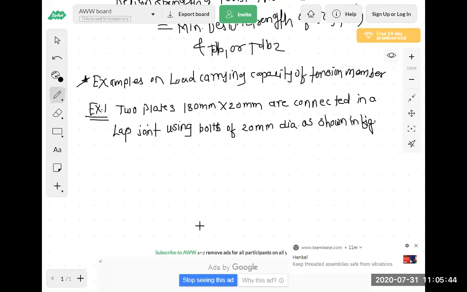As shown in figure. Full stop. Determine the strength of a plate in tension.